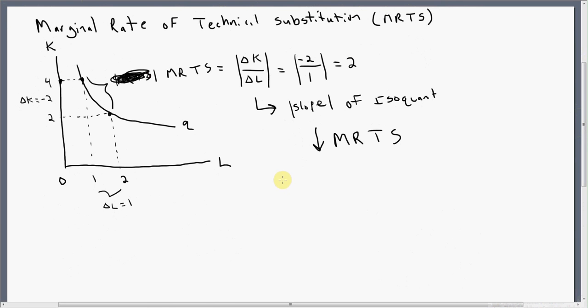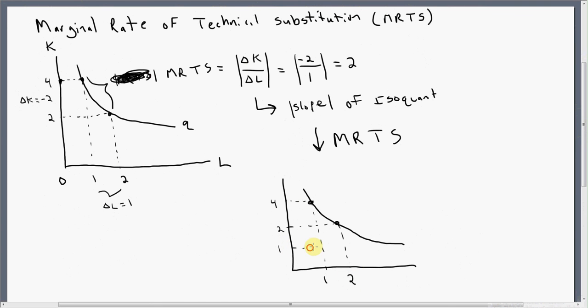Let me do another diagram to illustrate that point. Not drawn too closely to scale here, but that's okay. So we got 3 points here, A, B, and C, and we'll calculate the marginal rate of technical substitution between a couple of these points.